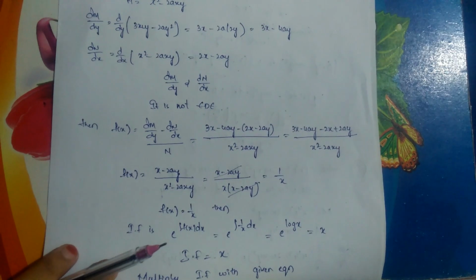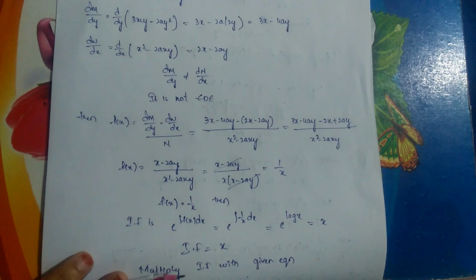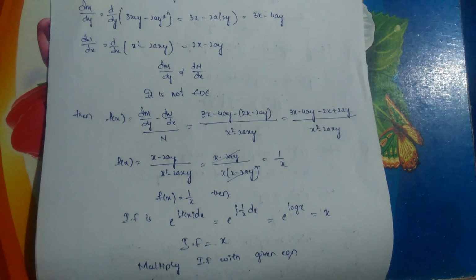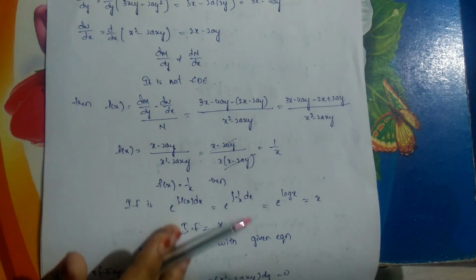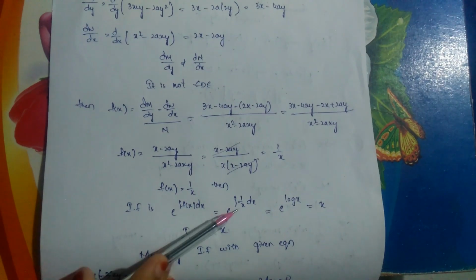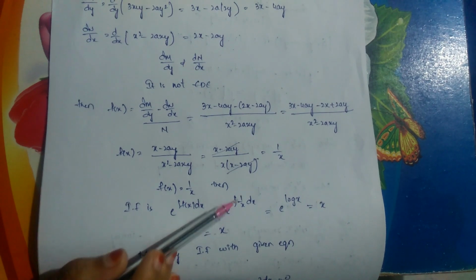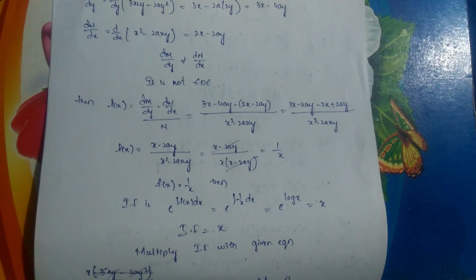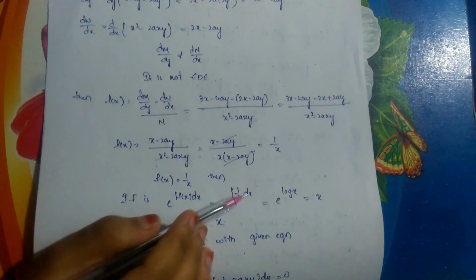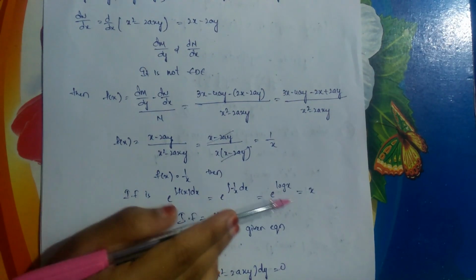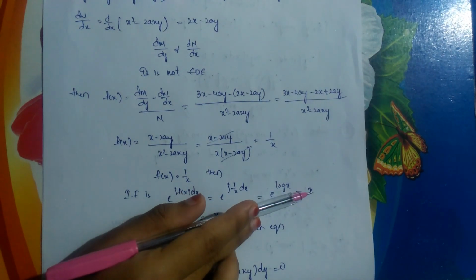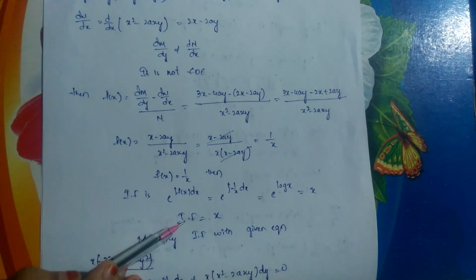Then the integrating factor will be e^(∫f(x)dx), that equals e^(∫1/x dx). The integration of 1/x is log x, and e^(log x) can be written as x. So this is the integrating factor.